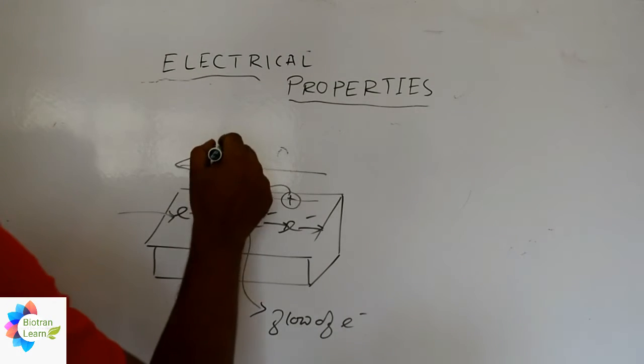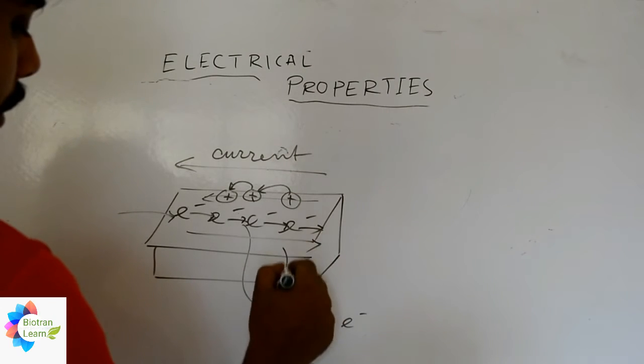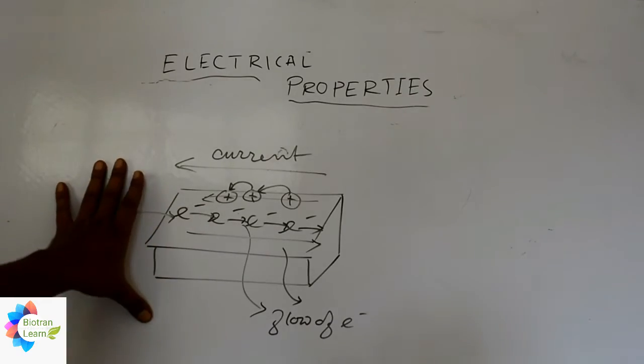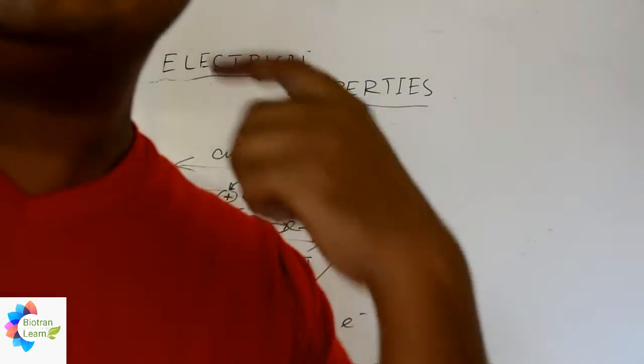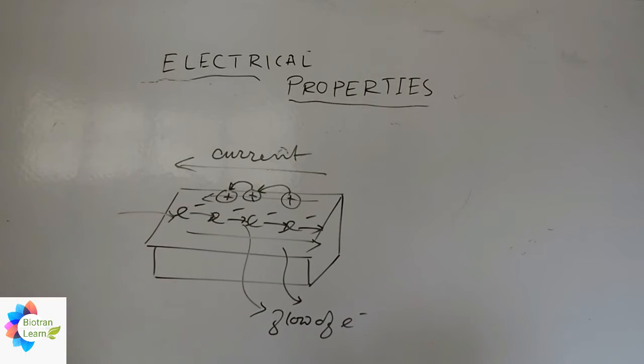So in this way the current will flow, and the electrons will start to flow. That's how a particular solid can transfer a particular amount of electricity. That's how the conductivity of a solid is gained.